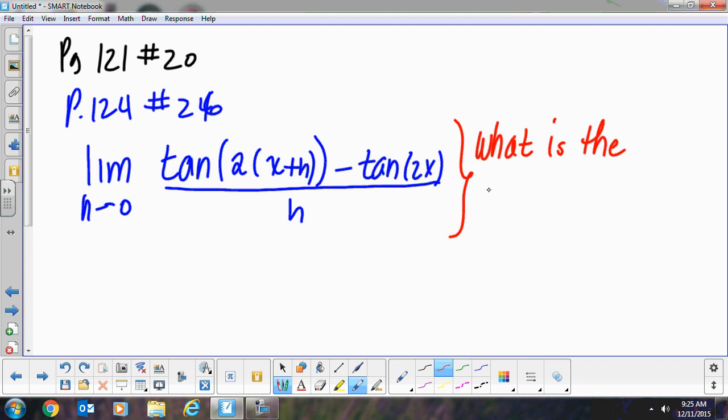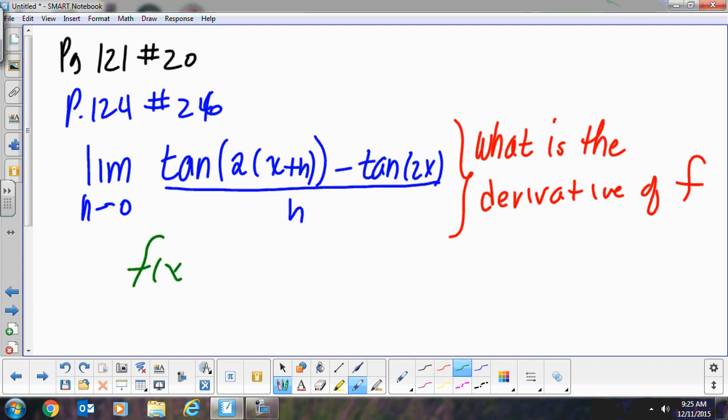What is the derivative of f? They didn't give us a point this time. So the first thing you have to do, which I did ask you to do on a worksheet, what is the function? Every place where you see x plus h, what are you replacing it with? X. So what is your function? Tan 2x.